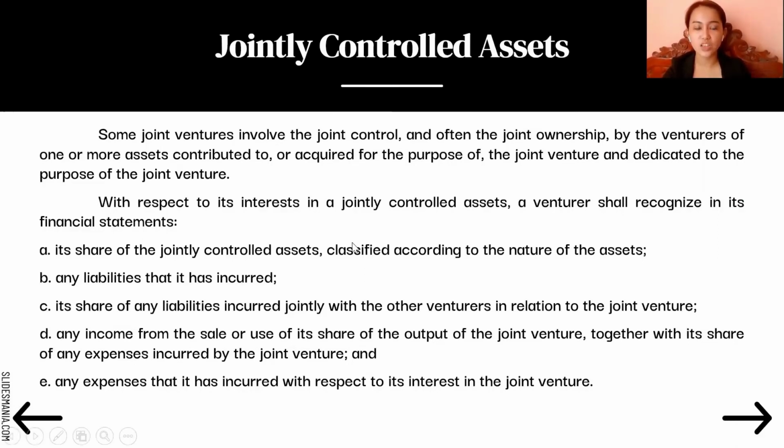With respect to its interest in jointly controlled assets, a venturer shall recognize in its financial statements its share of the jointly controlled assets, classified according to the nature of the assets, any liabilities that it has incurred, its share of any liabilities incurred jointly with the other venturers in relation to the joint venture, any income from the sale or use of its share of the output of the joint venture, together with its share of any expenses incurred by the joint venture, and any expenses that it has incurred with respect to its interest in the joint venture.